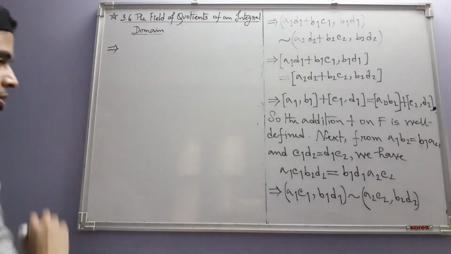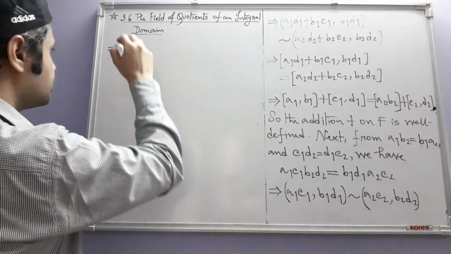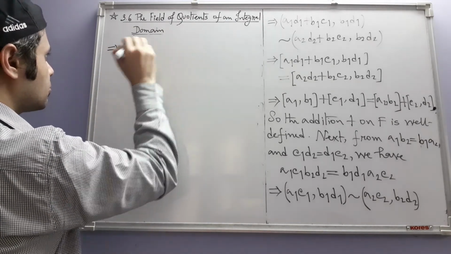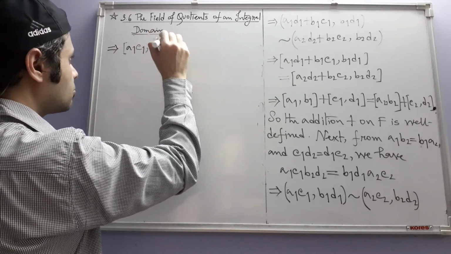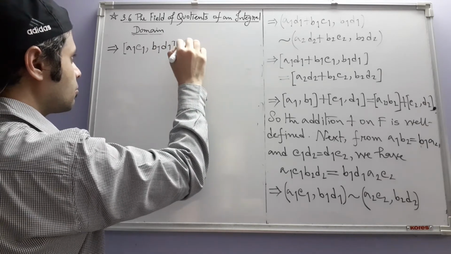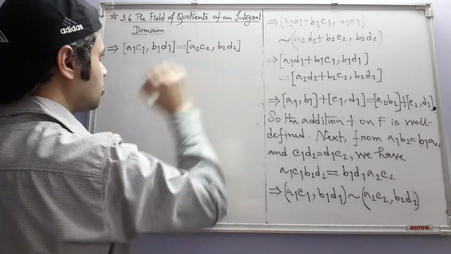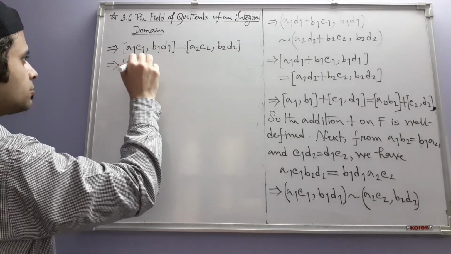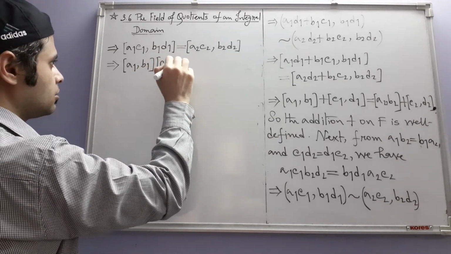This in turn implies, and this is nothing but the product of a1 comma b1 and c1 comma d1.